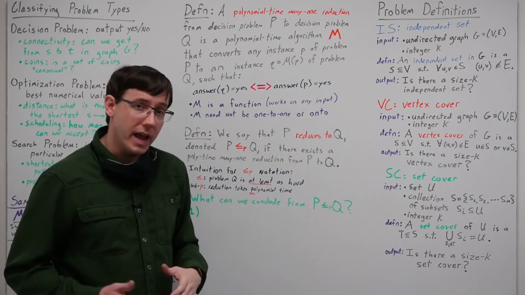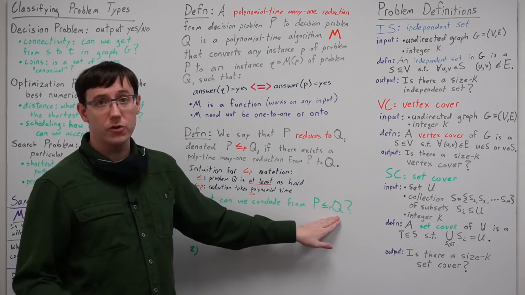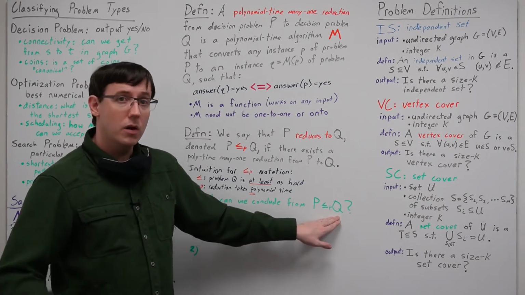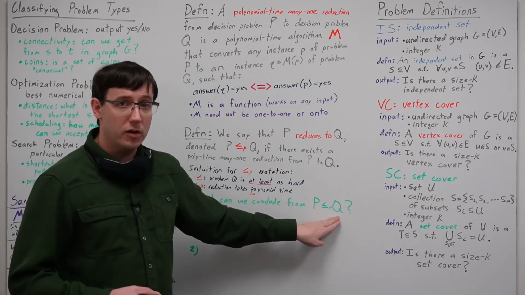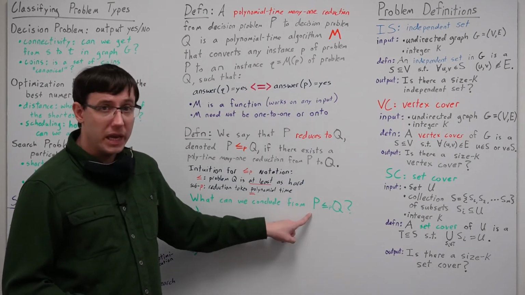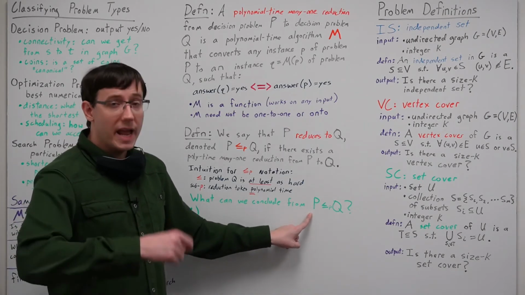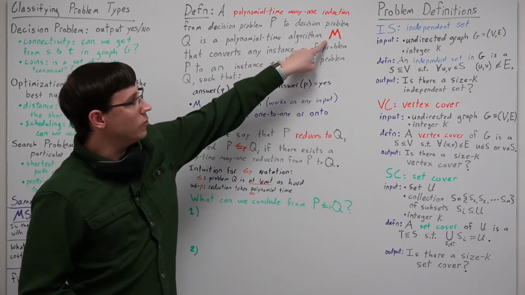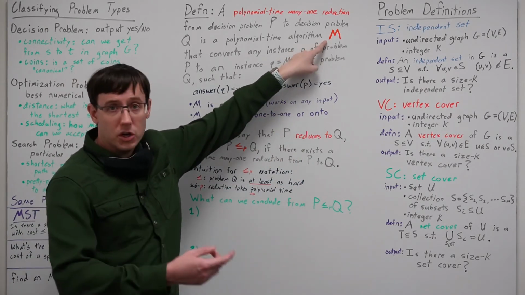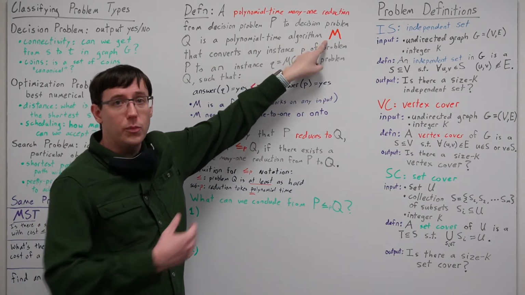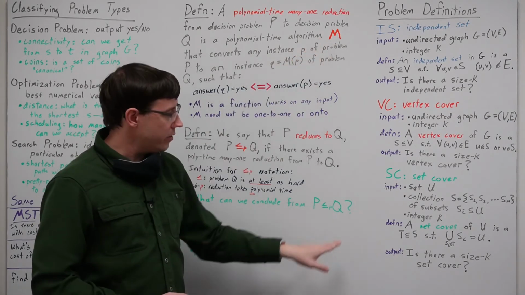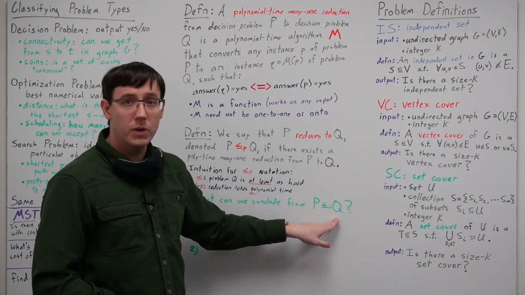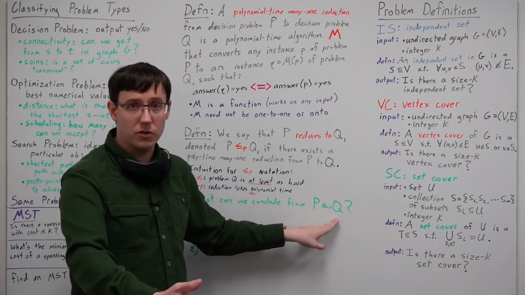And so if we had a polynomial time algorithm for solving problem Q, we would also have a polynomial time algorithm for solving P, because for any instance of problem P, we could first run it through our reduction, which translates to problem Q, and then run it through our algorithm for Q, which will give us a yes or no answer.